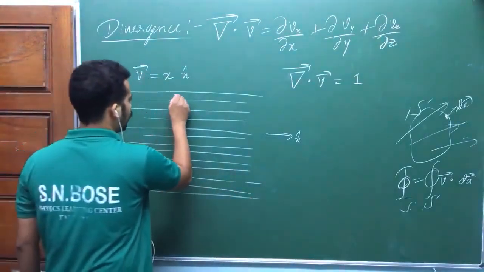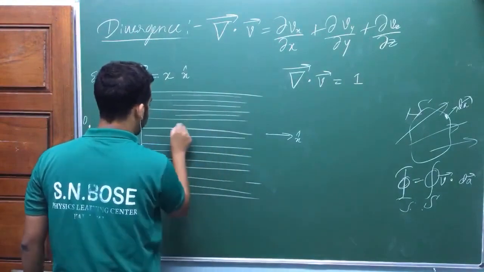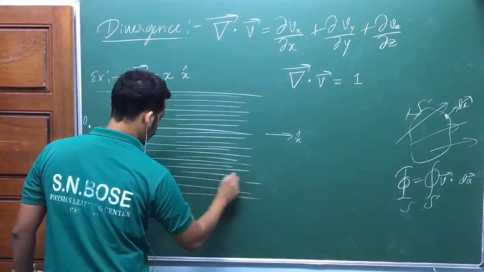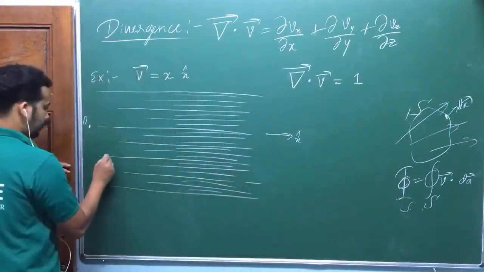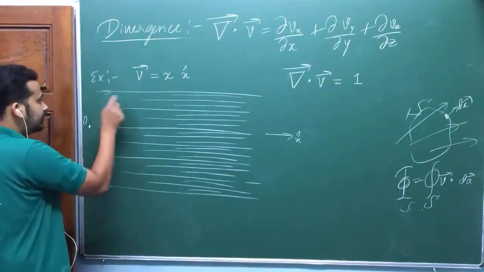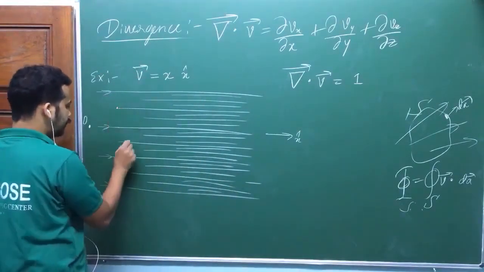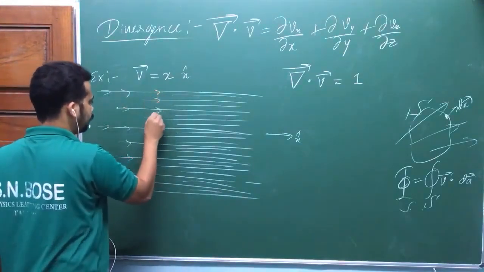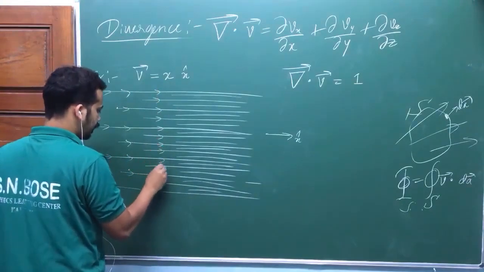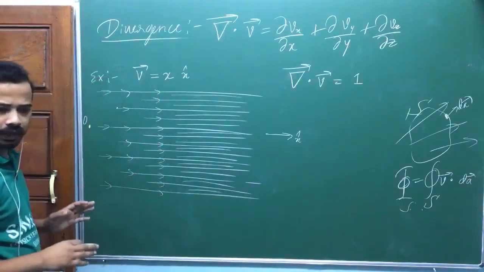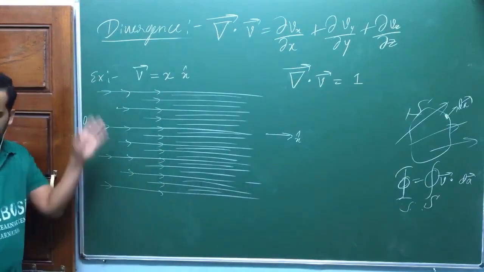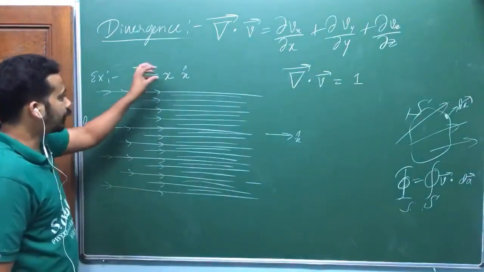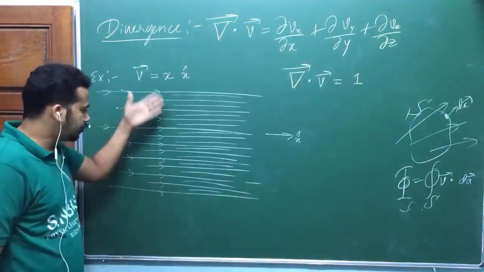So what I am trying to show here is that the density of field lines is increasing. Can you see this one? When you move further, the density of field lines is increasing. Again, I can't draw a very ideal diagram, but I can do an approximated one. When you move along the x-axis, the vector field strength is increasing. That I have shown by the density of field lines.